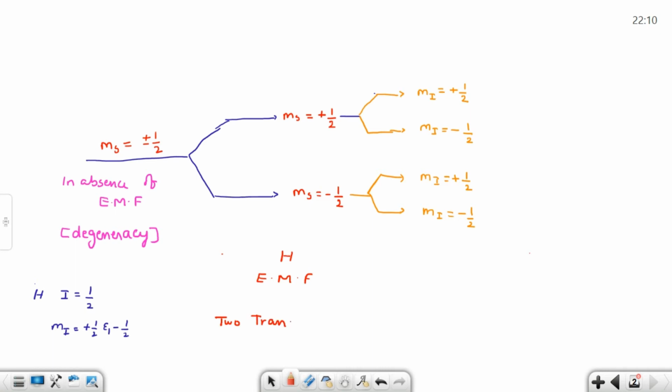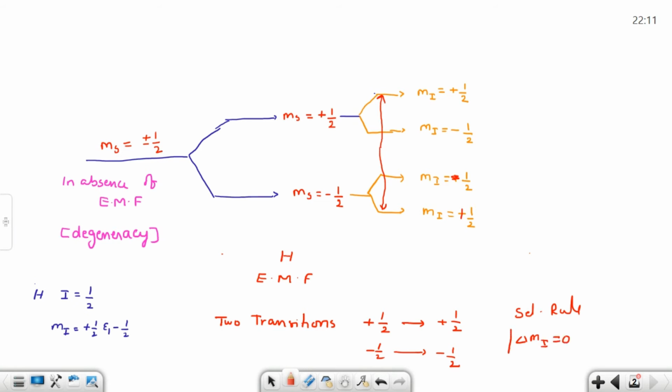The two possible transitions are observed according to the selection rule: one is plus half to plus half, and the other is minus half to minus half, because the selection rule of ESR spectra is delta mI equals 0.